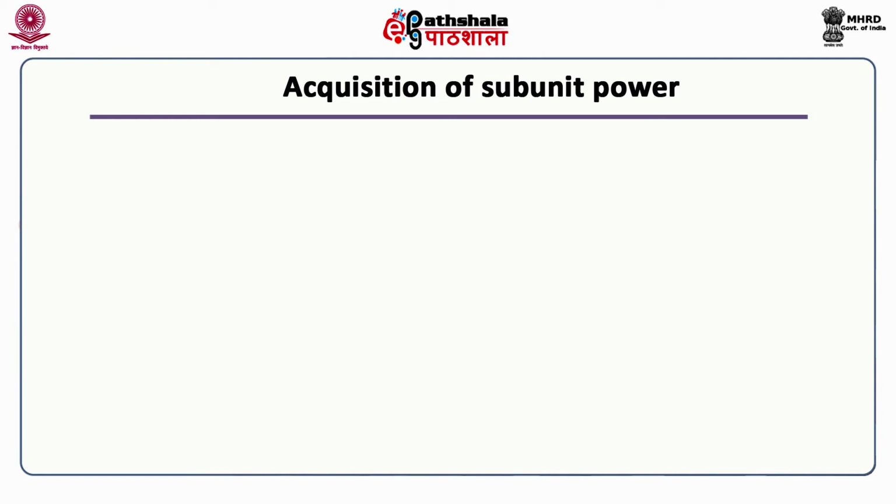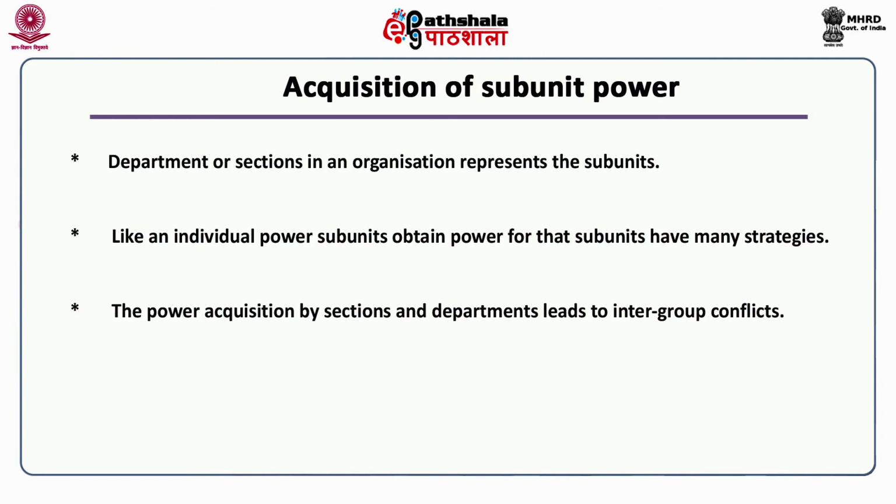Acquisition of subunit power. Departments or sections in an organization represent the subunits. Like an individual, subunits obtain power. For that, subunits have many strategies. The power acquisition by sections and departments leads to intergroup conflicts.